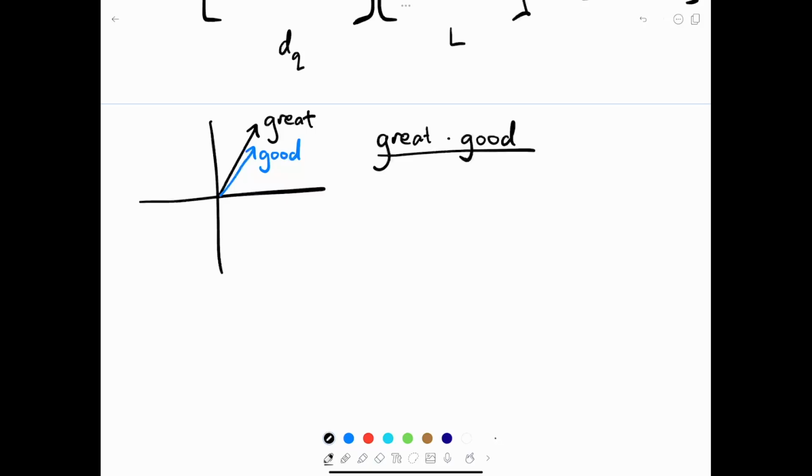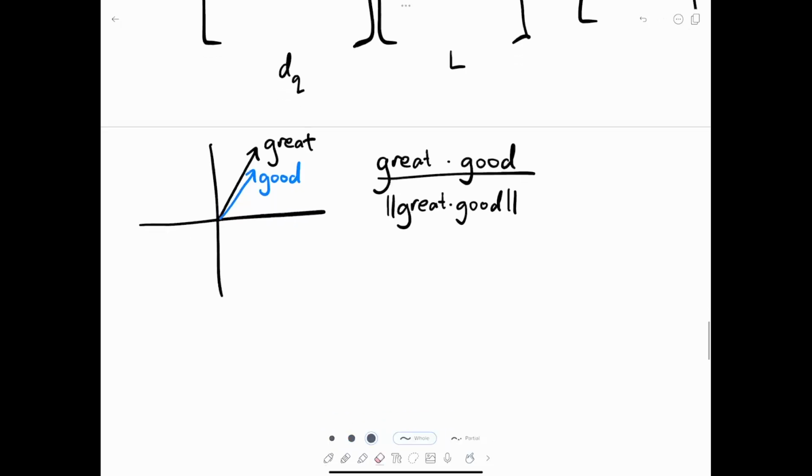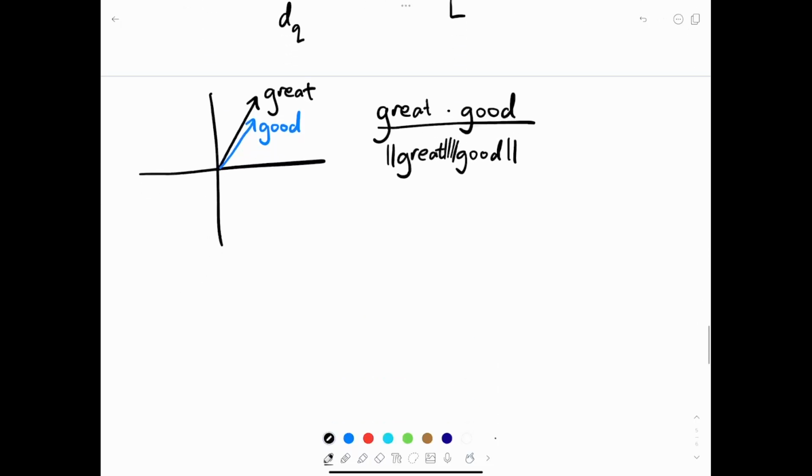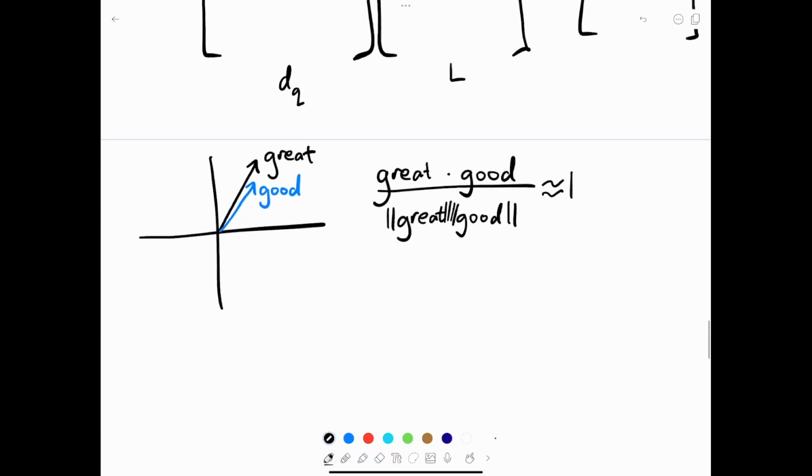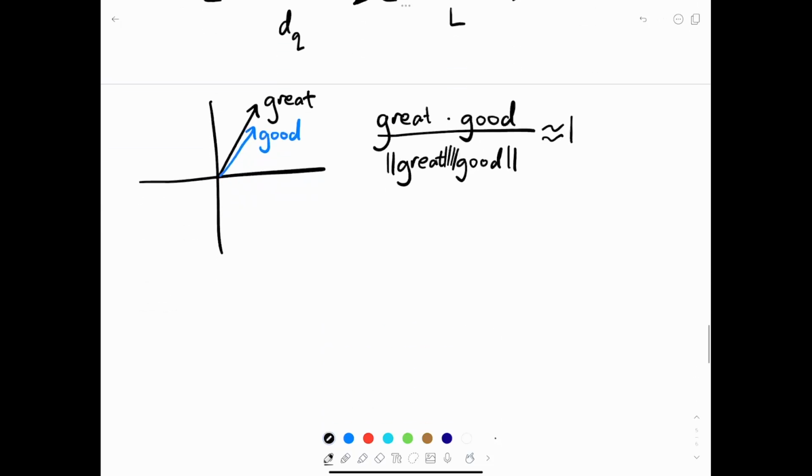And we can consider, for example, the normalized dot product, which we also call cosine similarity. So if we divide the dot product of great and good by the magnitude of each respective vector, we'll get some value between -1 and 1, and we expect this to be pretty close to 1 because the vectors are very similar.